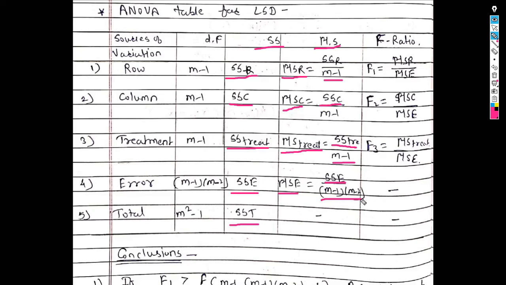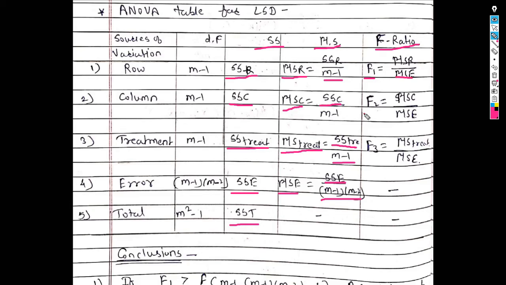So with the help of these mean sums of squares, we get the variance ratio or F ratio for row, column and treatment, based on our given hypothesis. For row, we denote our F ratio by capital F1 and it is defined as MSR upon MSE. That is, F1 is the ratio of mean sum of squares due to row upon mean sum of squares due to error.